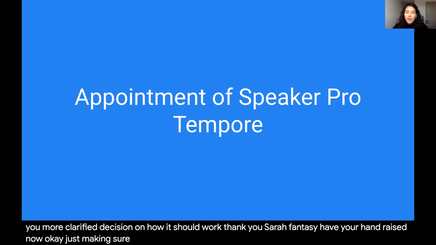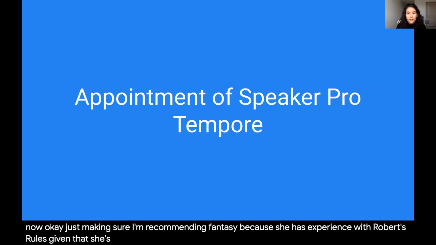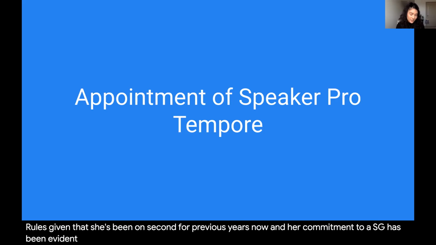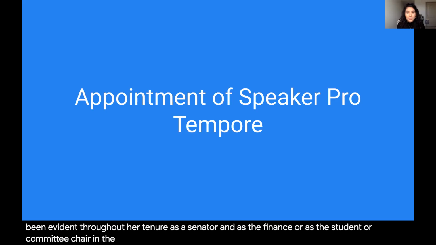So I'm recommending Fantasy because she has experience with Robert's Rules, given that she's been on Senate for previous years now. And her commitment to ASG has been evident throughout her tenure as a senator and as the student org committee chair in the past, and now as the universal design subcommittee coordinator.